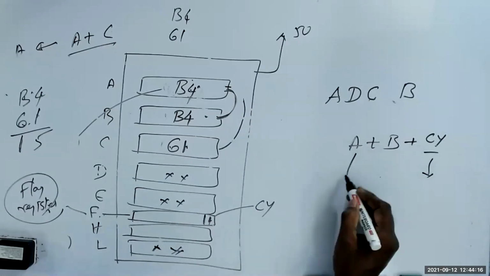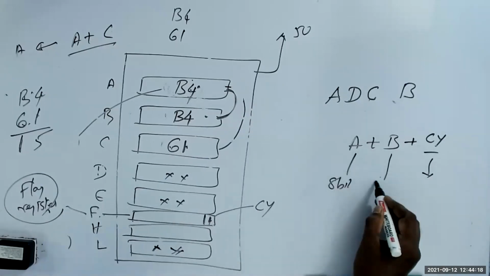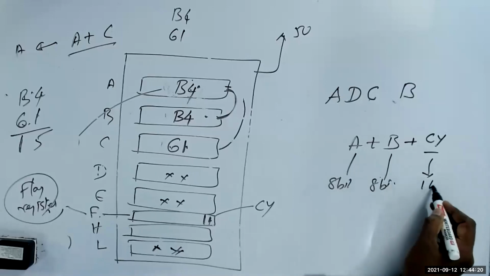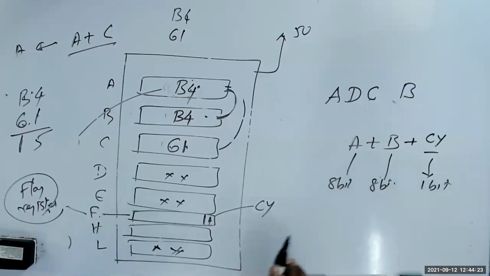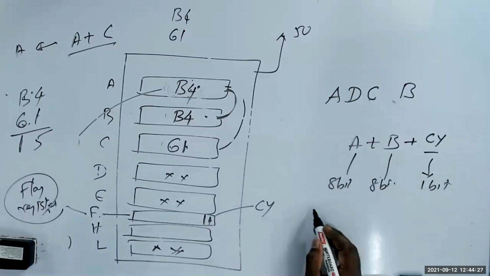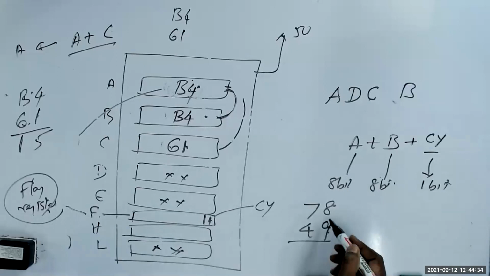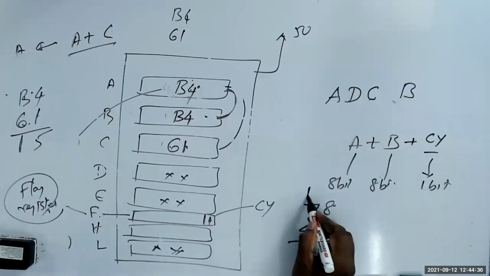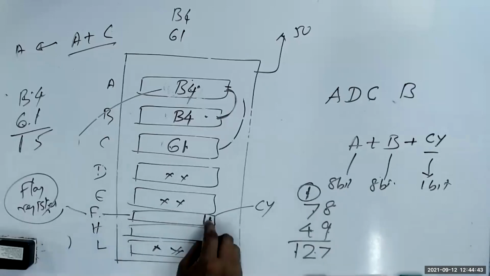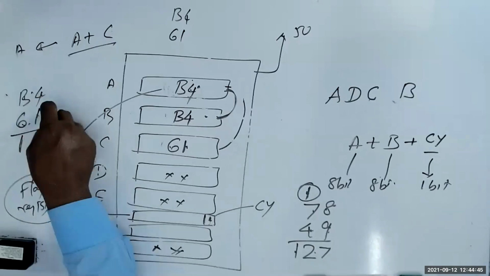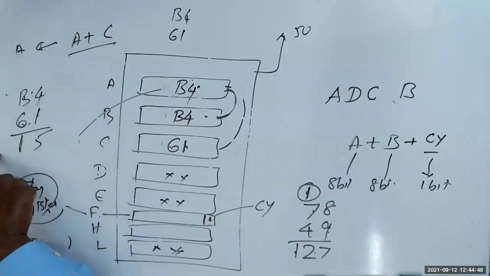This is 8 bit, and that is 1 bit. For example, you add 78 plus 49. 9 plus 8 is 17. You take the carry, 7 plus 4, 11 plus 1, 12. Put the carry, so that is saved here. If there's a carry, it is not lost, it gets stored.